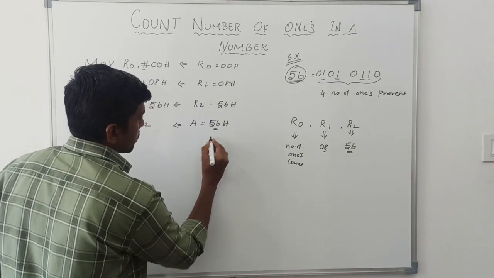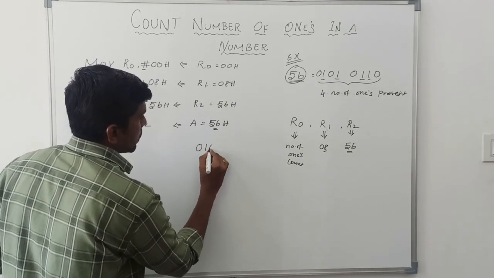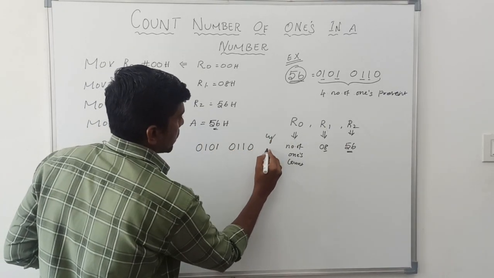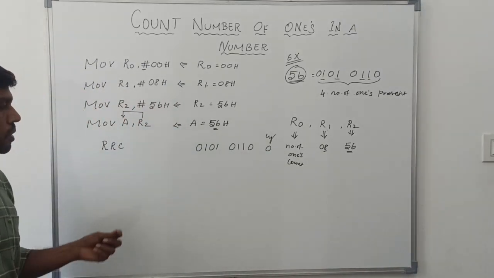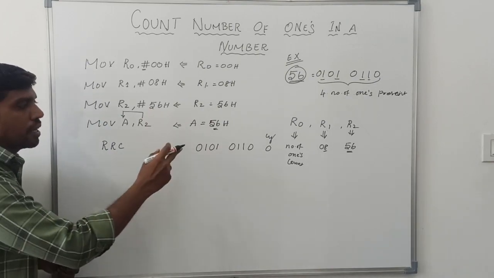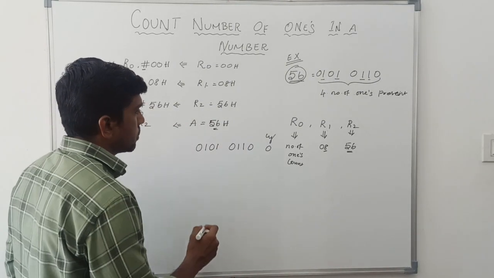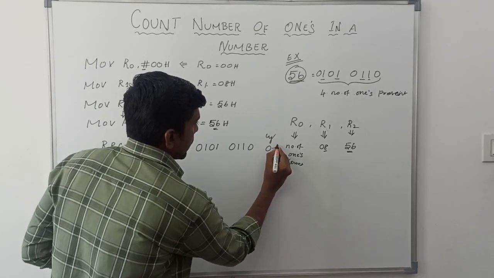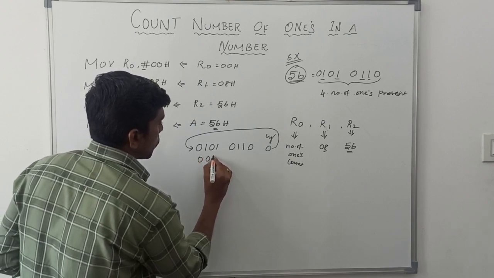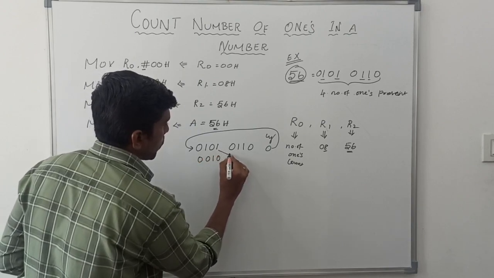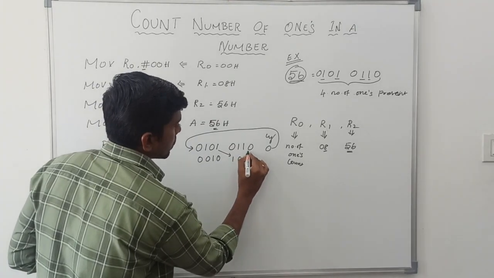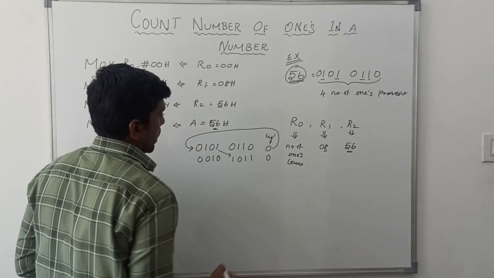Here the accumulator content is 56. First I write the binary number for 56. Let me assign the carry value 0. So RRC: once you rotate the accumulator content in the right direction through carry, this carry goes to here, 0 0 1 0, this one goes to here, 0 1 1, and this 0 goes to carry.